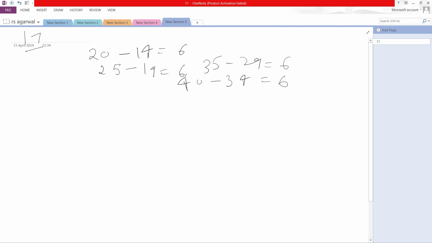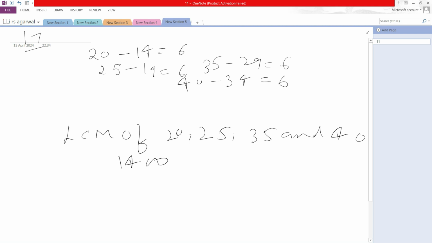So we'll take the LCM of 20, 25, 35 and 40. The LCM of 20, 25, 35 and 40 is 1400 here.